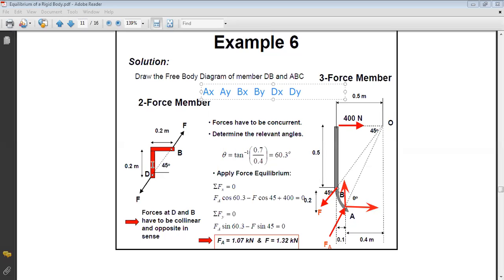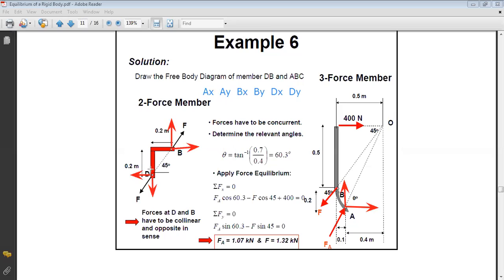When I take the member BD, I will put forces. Let's say I assume I have BX, BY like this, and DX, DY like this. So these are my unknowns here. I will write sum of x equals 0, sum of y equals 0, and sum of moment about any point equals 0.